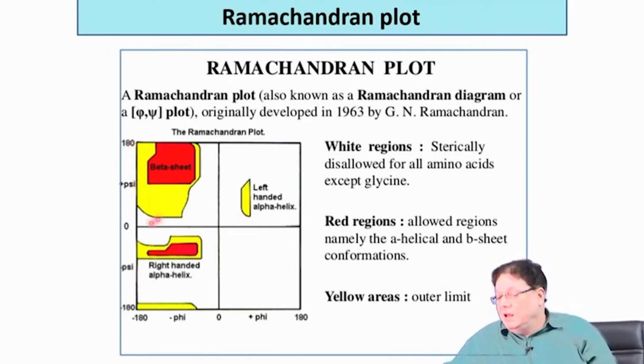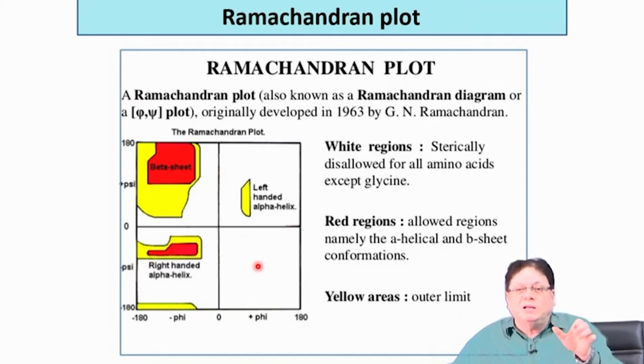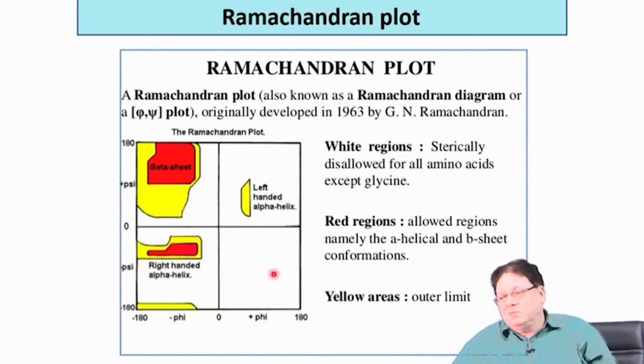This is the limit. Limit means, when he draws a line, if you determine the structure of a protein and see that the phi psi angle falls here, that means your structure analysis is wrong. That cannot be the structure. So, whenever somebody gets a structure of a protein, immediately they compute all the phi and psi angles, and it has to satisfy this Ramachandran plot.